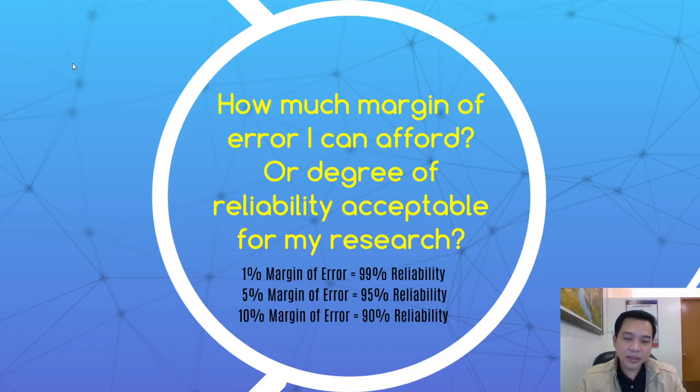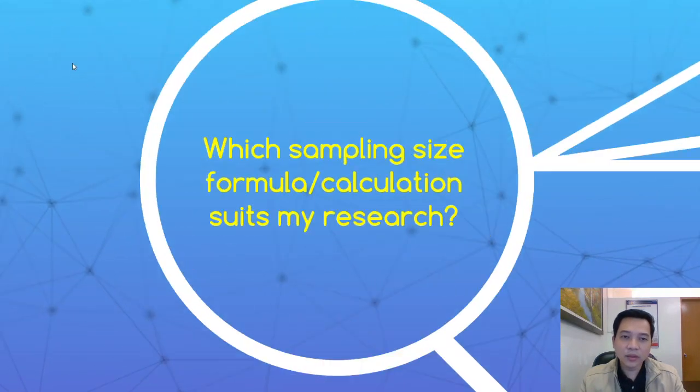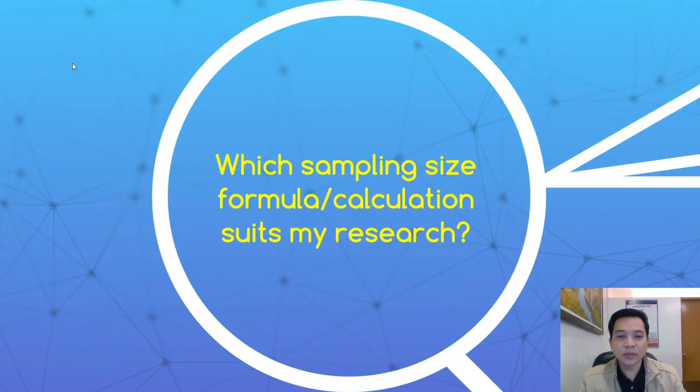The smaller the margin of error, the higher the reliability of your study. The bigger the margin of error, of course, inversely speaking, the lesser your reliability. When we try to compute for the sample size, bear in mind that you need to consider how much margin of error you can accept.